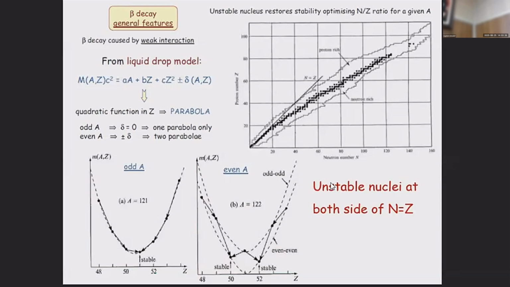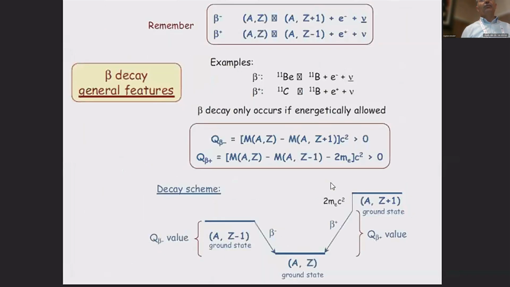This is called Z. If you take the derivative of this with respect to Z, you will find the Z minimum of that stable nuclei. Therefore, beta decay is in terms of changing the Z value of nuclei.